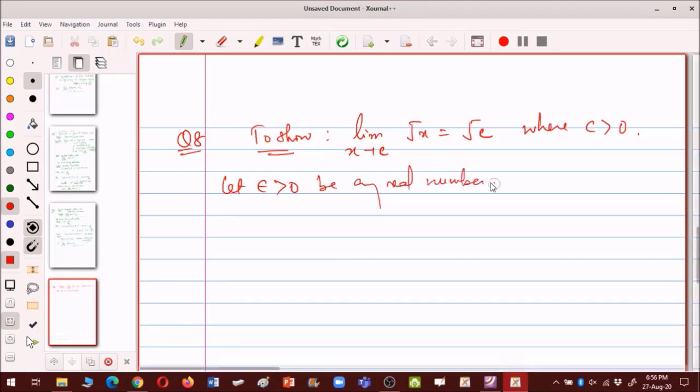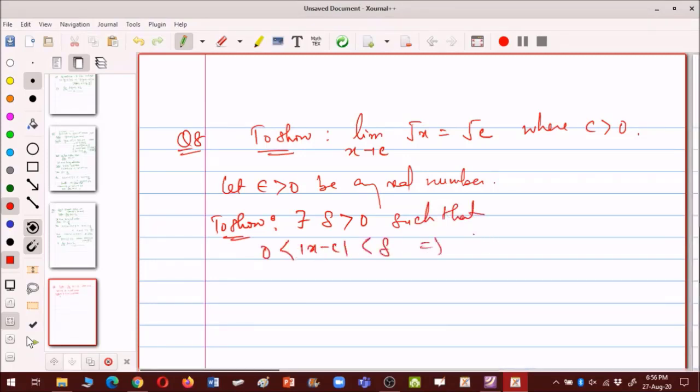Then by definition of limit, we have to show there exists delta greater than 0 such that 0 < |x − c| < delta implies |f(x) − root c| < epsilon, where f(x) is root x. So we have to show |root x − root c| < epsilon.